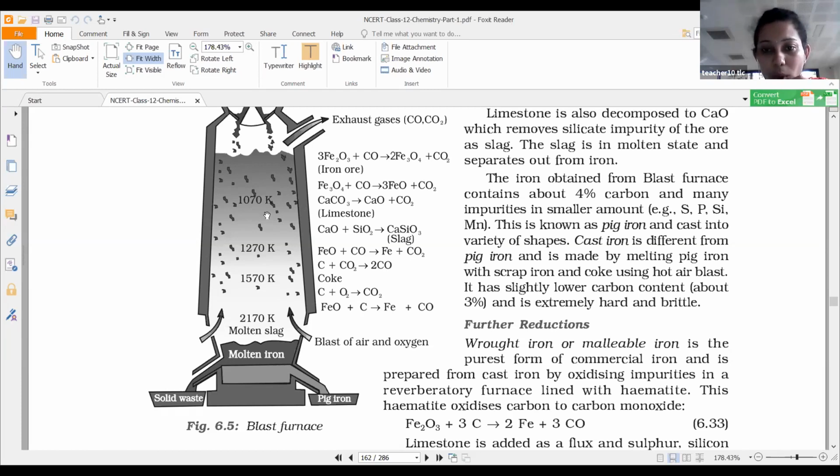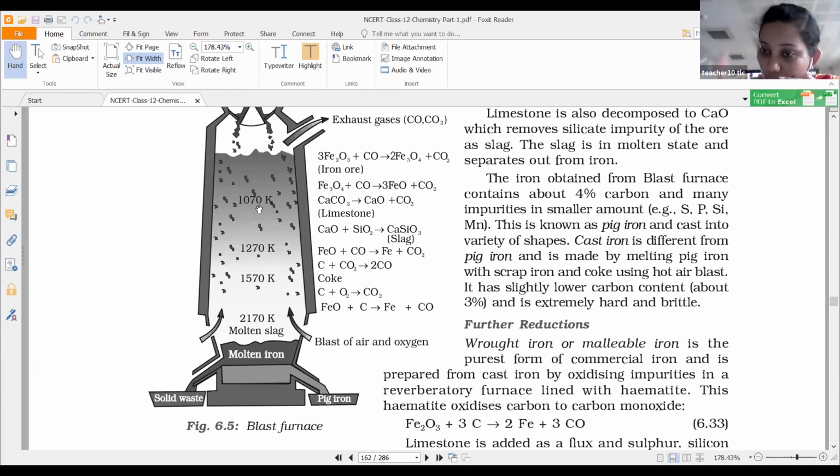So when the temperature is more than 1070, the calcium carbonate you have added dissociates after 1073 to give calcium oxide as well as CO2. Then that calcium oxide has to react with SiO2, so it produces calcium silicate.